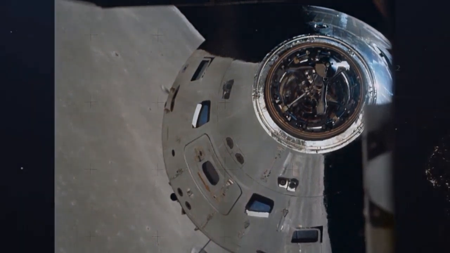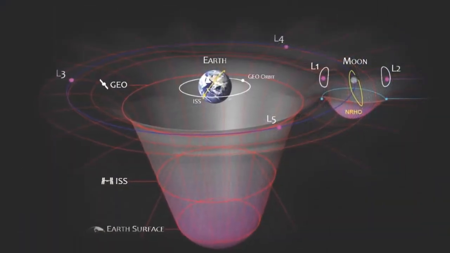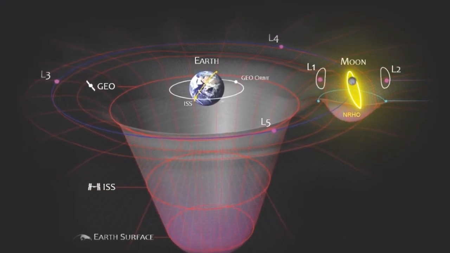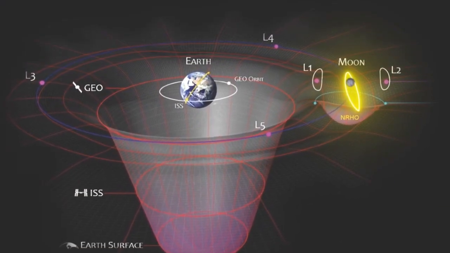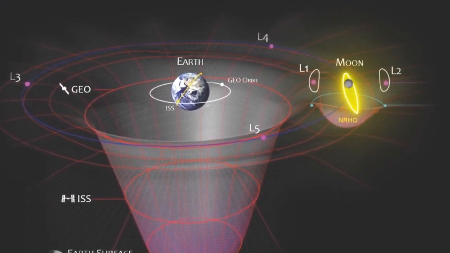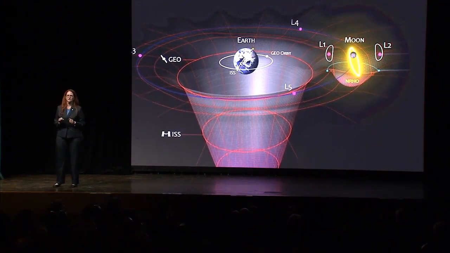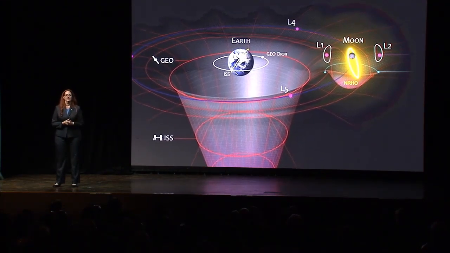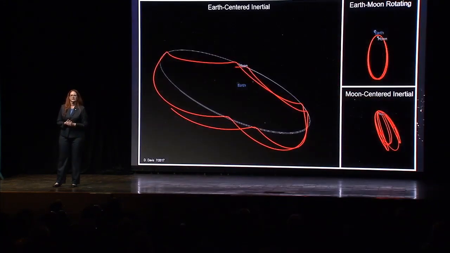But the near rectilinear halo orbit, balancing as it does between the Earth and the Moon, and glowing yellow here, means that the power and propulsion element only need to perform small orbit maintenance maneuvers to stay permanently. The gravity will balance.